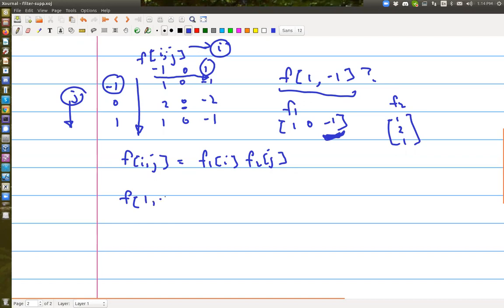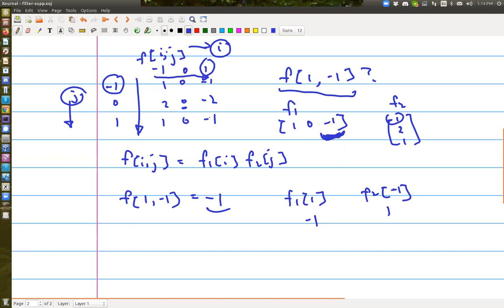F1 minus 1 is equal to minus 1, and F1 1 is minus 1. And F2 minus 1 is 1. So indeed, when I multiply, it is equal to this. Maybe just do one more.